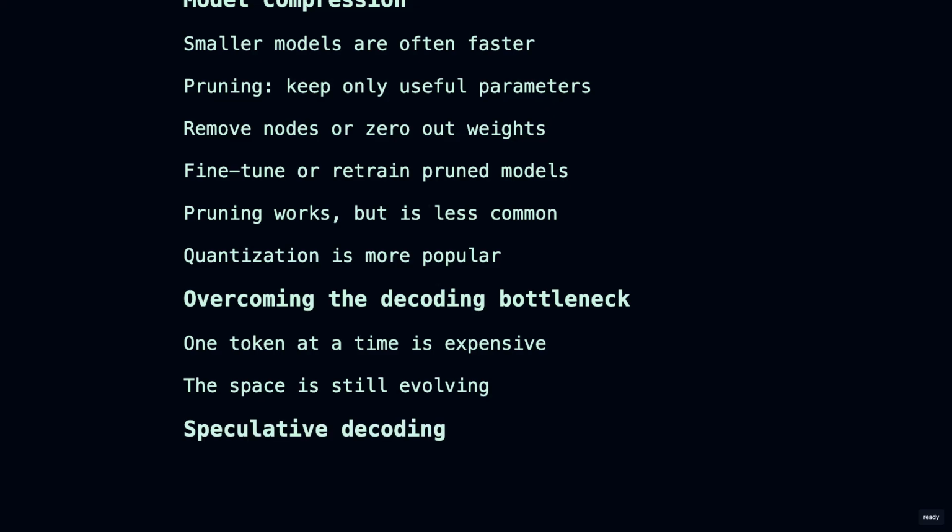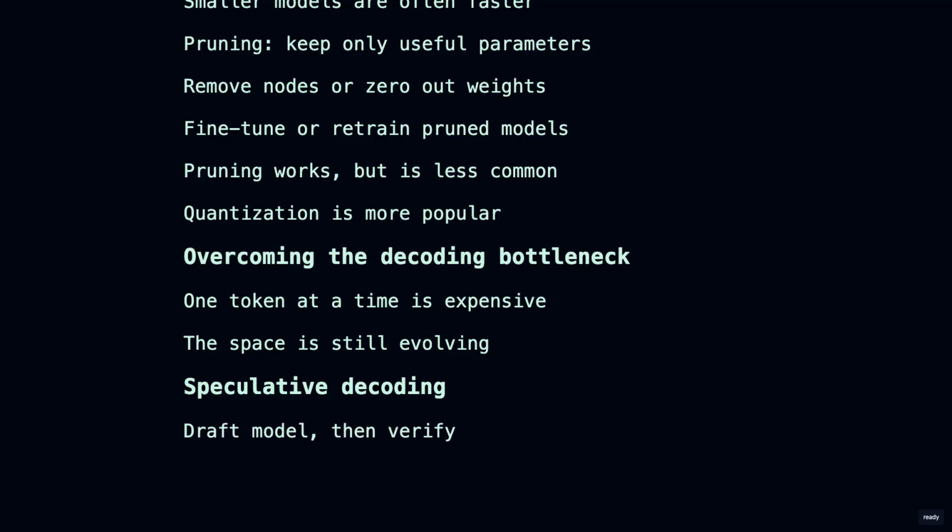It uses a small fast model to guess several tokens ahead, and then lets the main model check those guesses. Think of it as a proposal and check process. The draft model suggests tokens quickly, and the target model decides which ones to keep.